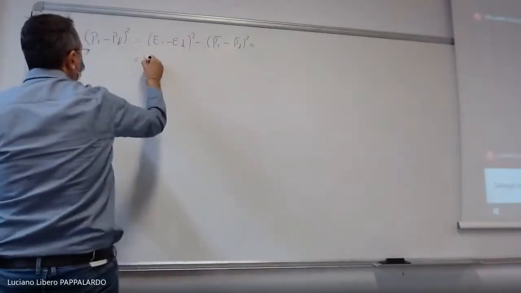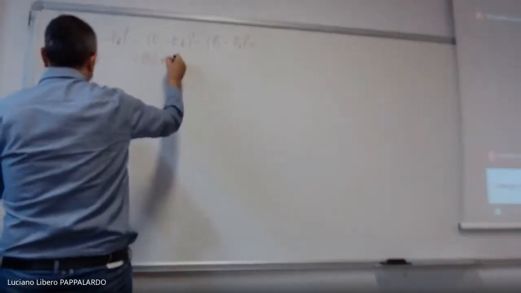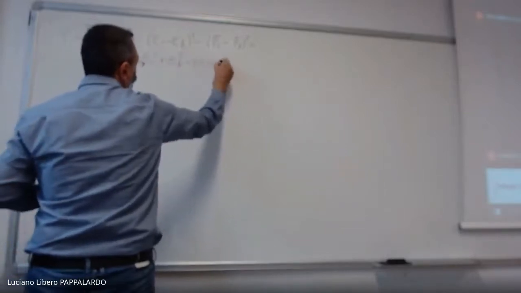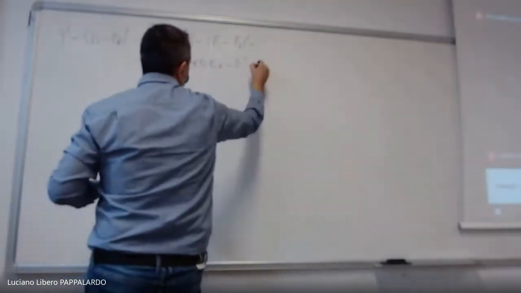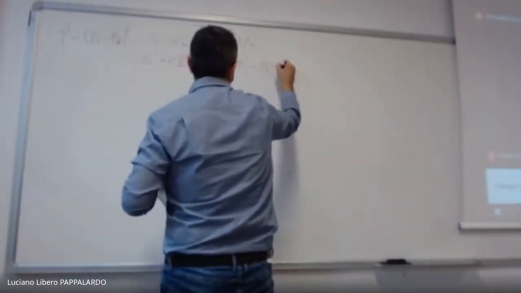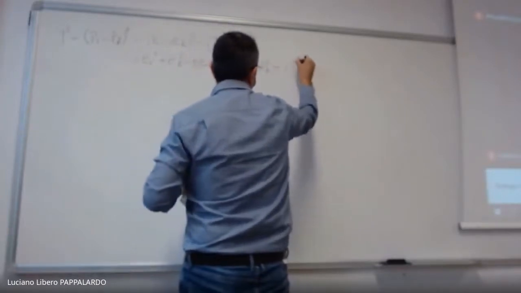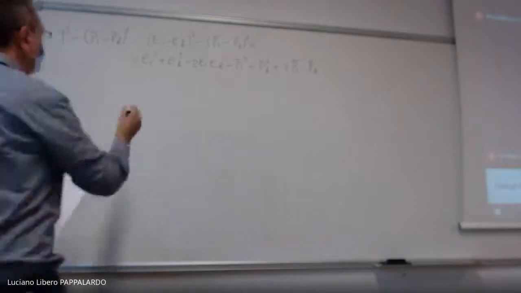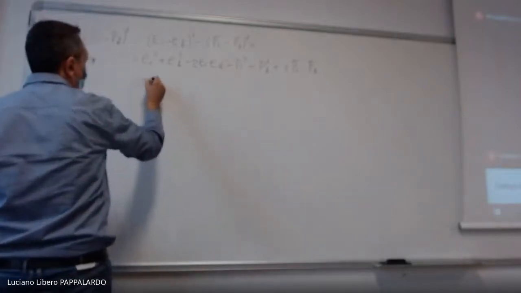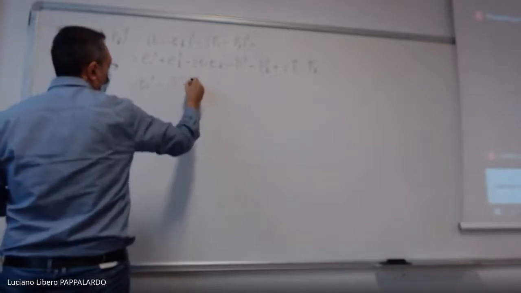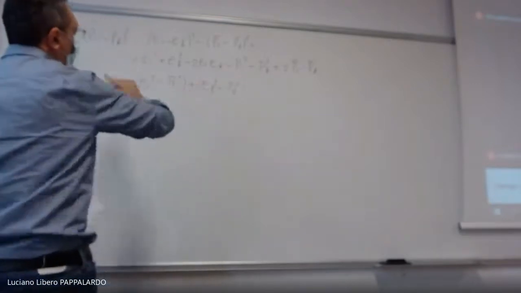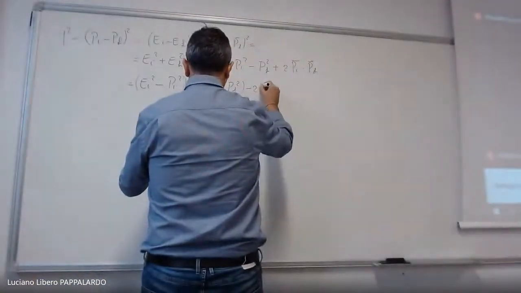And so we have E_I squared plus E_F squared minus twice E_I E_F, minus P_I squared minus P_F squared plus twice P_I dot P_F. Now let's merge these terms, and we are left with the mixed terms.